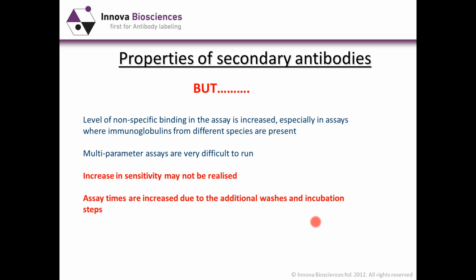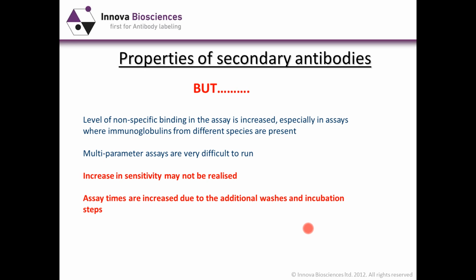When you go through the wash steps that are involved with secondary antibodies, you can actually reduce, in some cases quite significantly, the amount of primary antibody bound to the antigen. And therefore, this is one of the reasons why you don't always see the increase in sensitivity with a secondary antibody that you might expect. And I'll show you some data a little bit later on showing exactly that in a Western blotting situation.